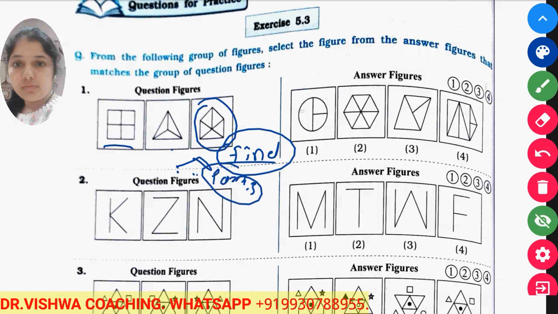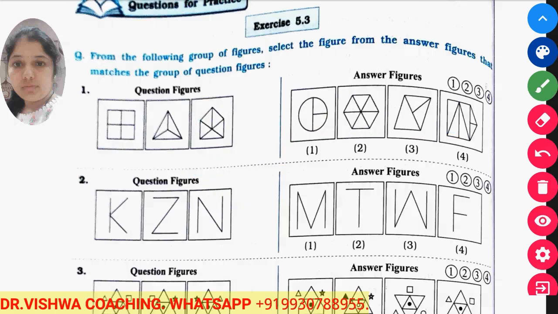Okay, so it is a circle, but the circle is not divided into equal parts, so wrong. This is a hexagon. Hexagon is divided into 6 equal parts, so this may be your answer, and these two cannot be answered because they are not divided into equal parts. So option number 2 is the correct option.